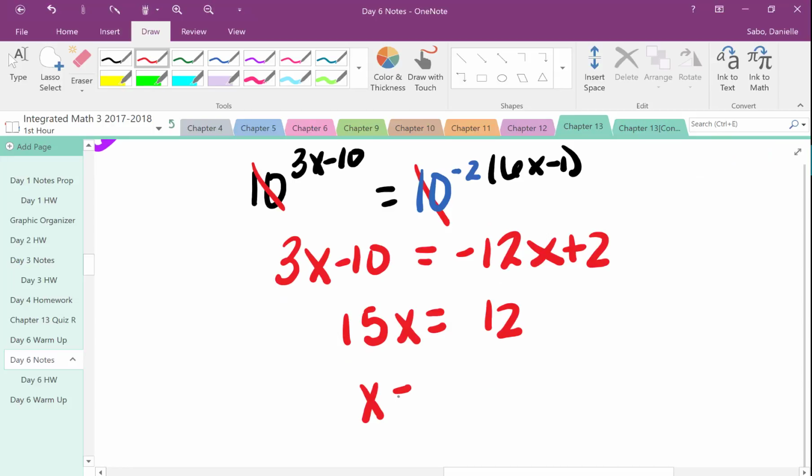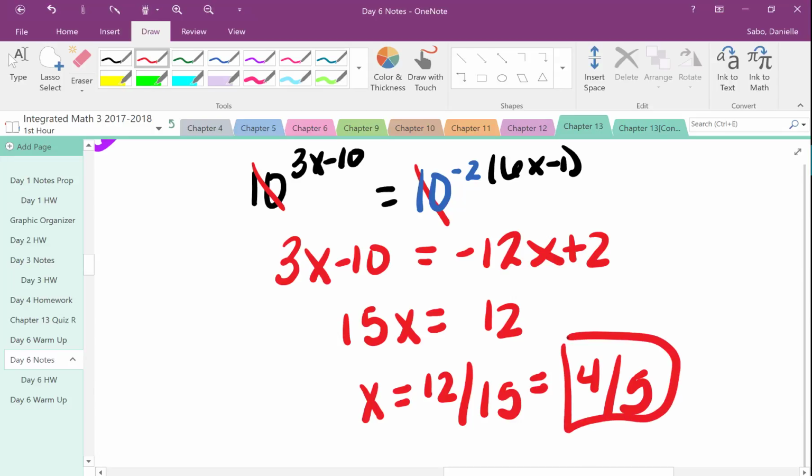Reduce your fraction at the end. When you're done and done only, check your answers. And then flip the page when you're ready.